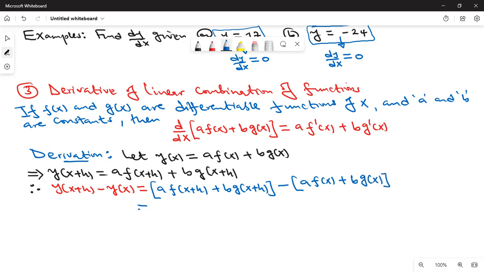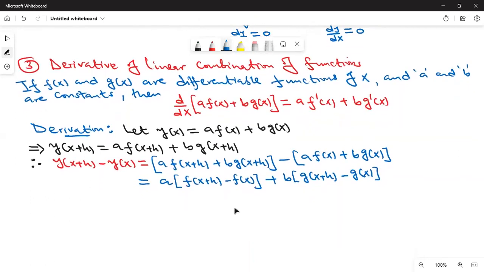And so this is equal to, let me open the bracket. You see, a is common. I can factor out a so that this can be written as a outside f of x plus h minus f of x. Then I can also see another term with b, so factor out b so that we have g of x plus h minus g of x. Now that is the numerator, which is y of x plus h minus y of x.